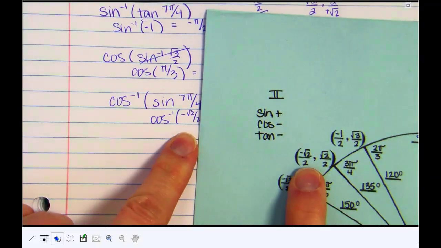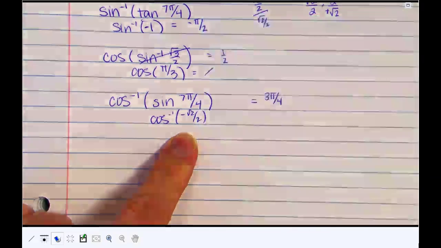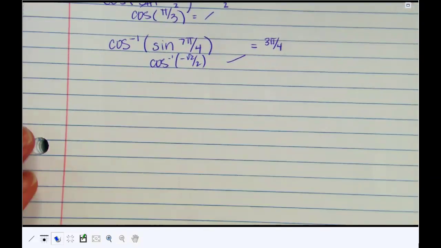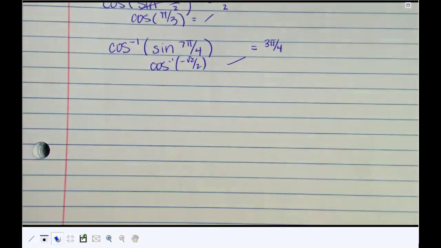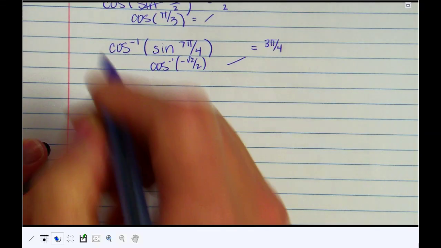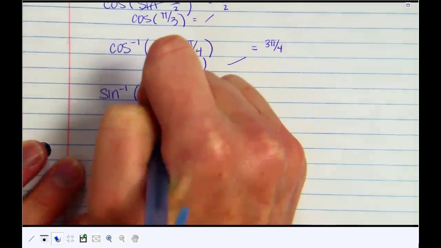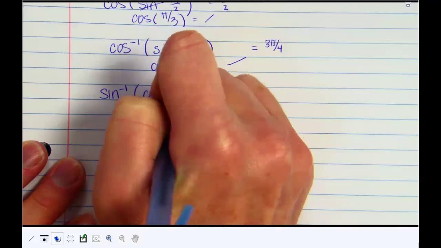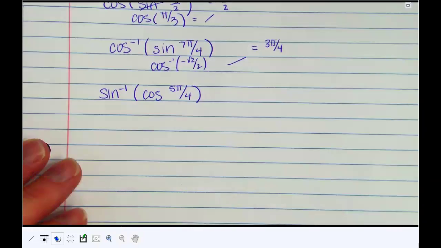Cosine is x, so that's 3 pi over 4. How about this one? And then we'll move on to something else because I will run out of things to ask you, honestly. Sine inverse of the cosine of 5 pi over 4.